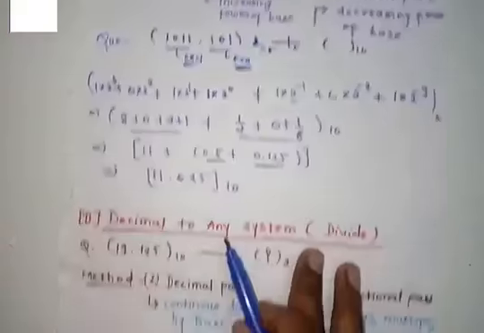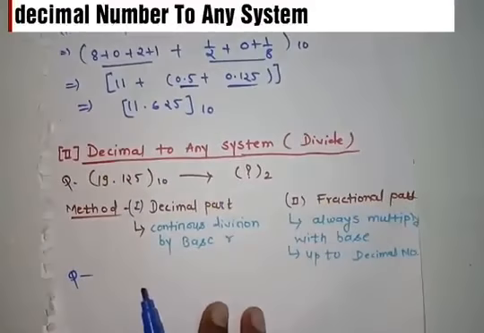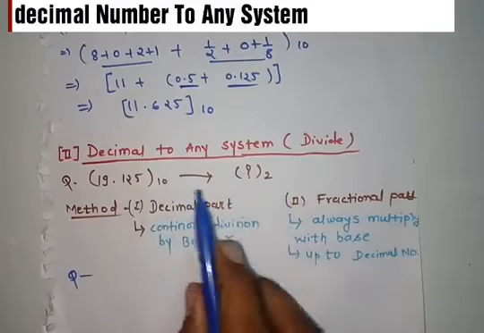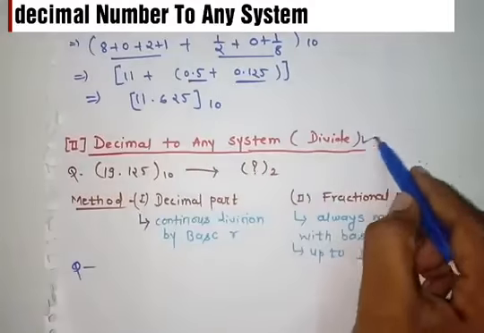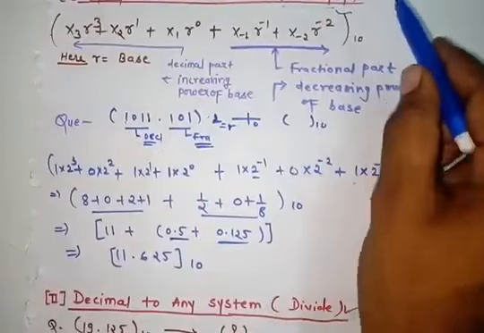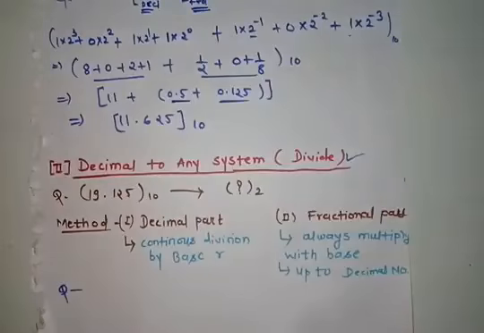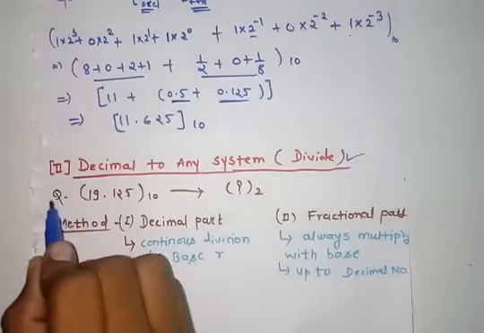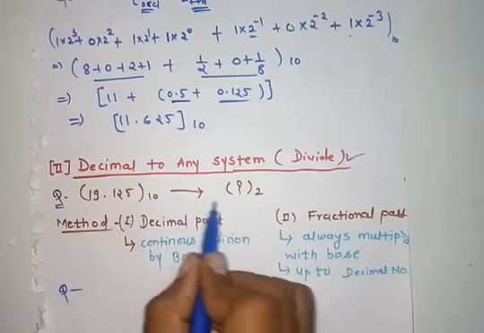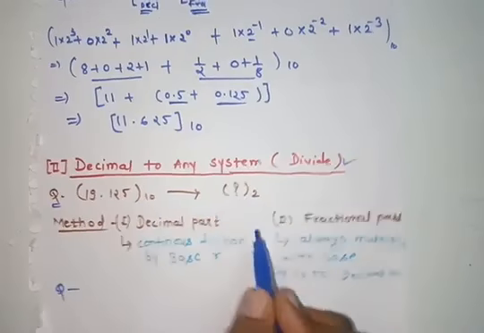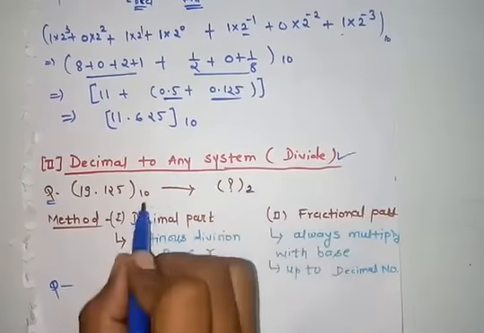Now we have the second part. Decimal to any system conversion means we have to divide. Here we multiply, here we have to divide. This is the question: 19.125 base 10, what is the binary number of this decimal?